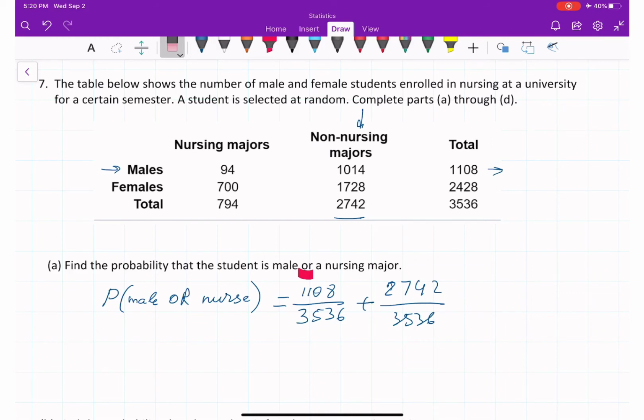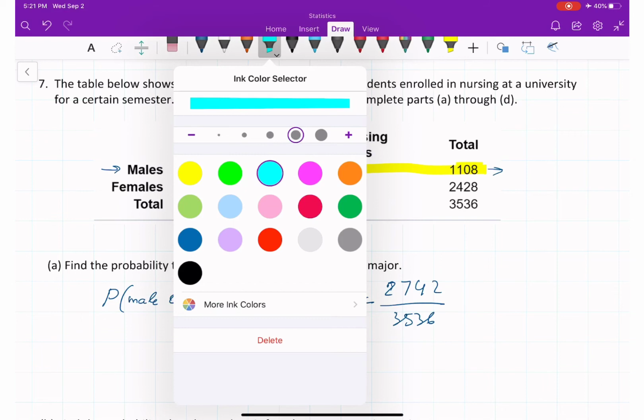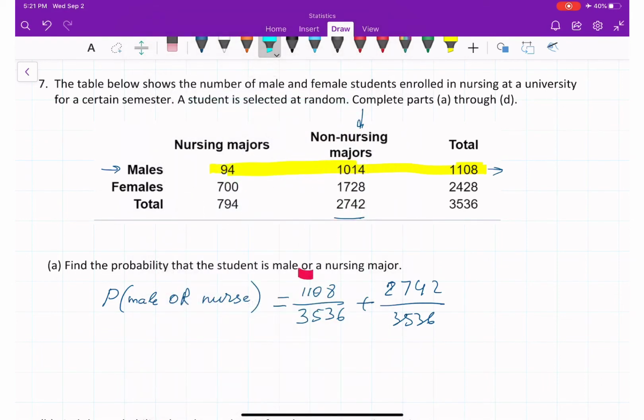Look here, males go all the way like this, right? And nurse goes like this. Let's do it this way so it will be clear. This is male. And now let's go with nurse. Oh, we are taking, did it ask nursing?